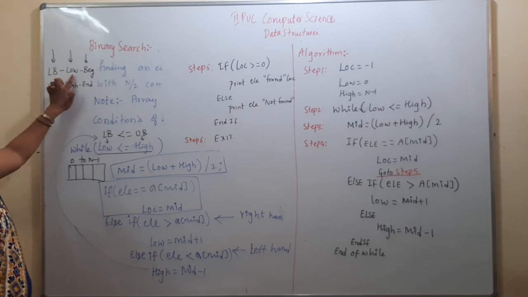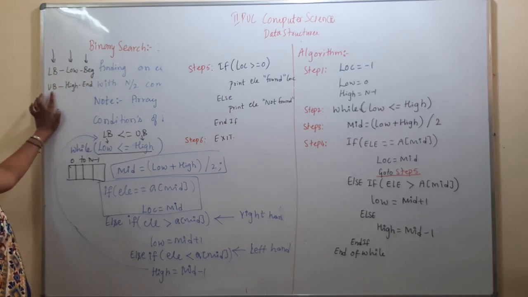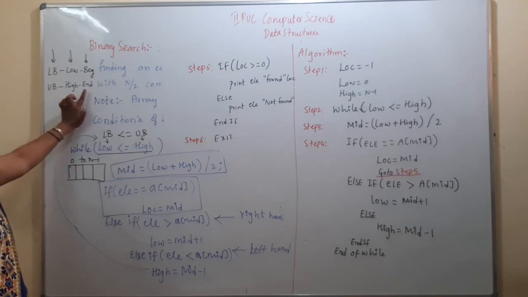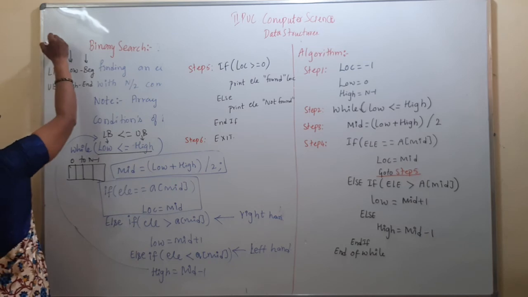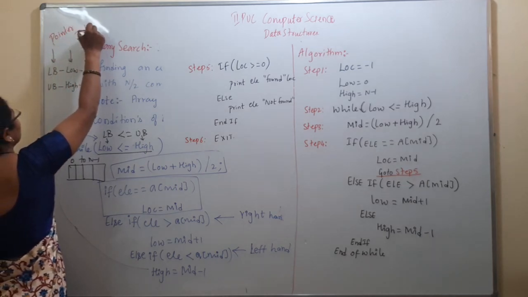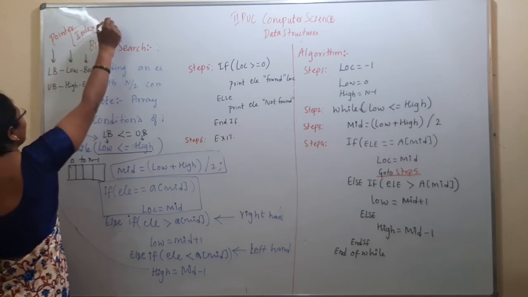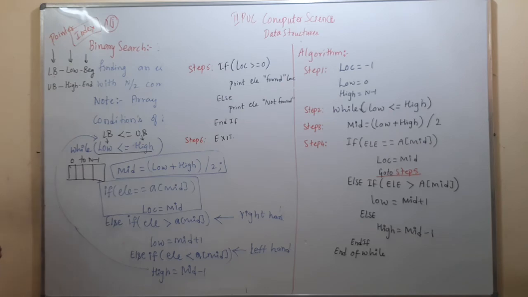Either LB, low or beginning, everything is the same. Either upper bound, UB, high or end point. All these are pointers referred for index. Instead of I or J, here we have taken UB and LB.